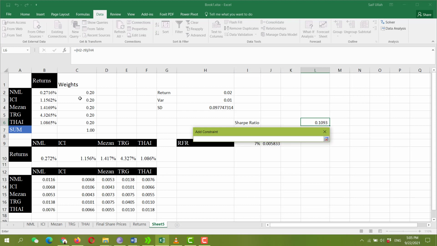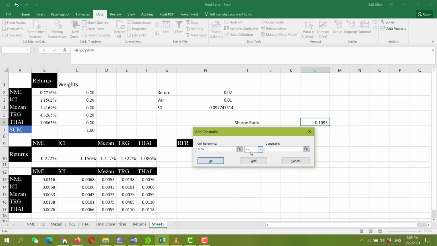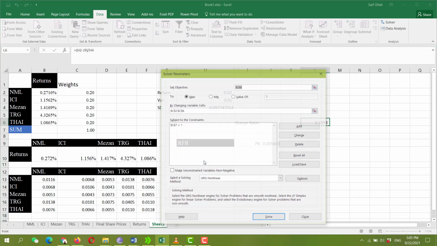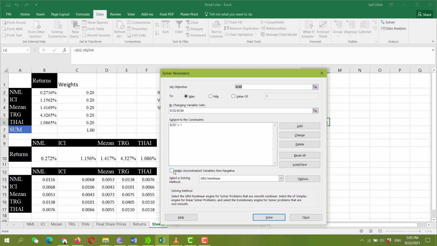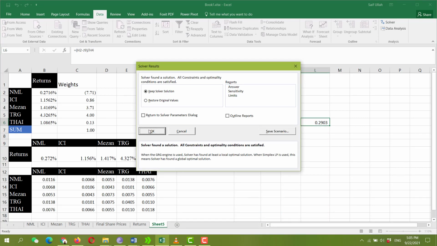Constraint cell reference, sum of the weights equal to 1, OK, and uncheck this, make unconstrained variables non-negative, and solve. Okay.